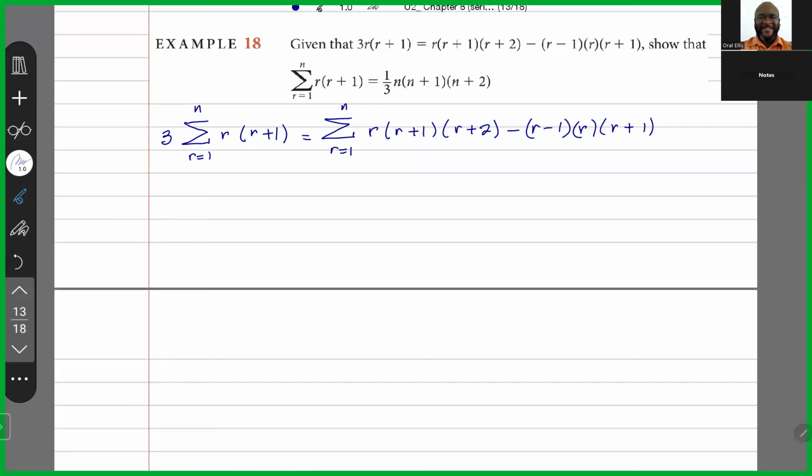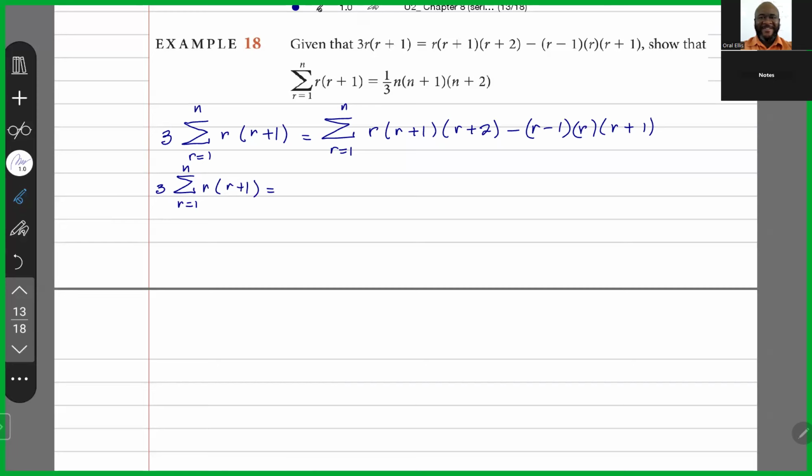So let's find 3 times this sum from r equals 1 to n.